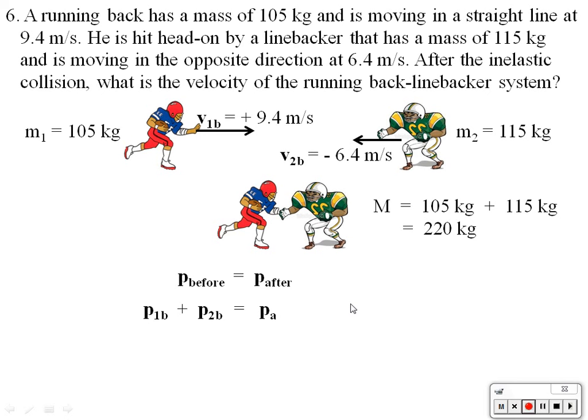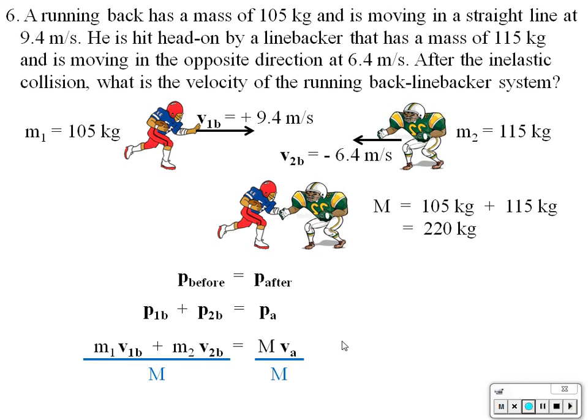Go ahead and pause it and come back. I'm just going to insert the values. When I say values, I mean variables. So the momentum of the running back before the collision is his mass times his velocity. The momentum of the linebacker is his mass times his velocity. After the collision, it's their combined masses times the velocity after the collision. That's what I'm after.